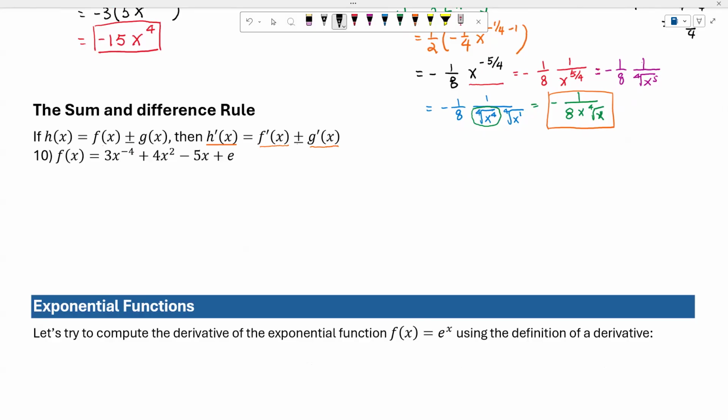Now let's see the following example. I will have f prime of x. It means that I would like to take the derivative of 3x to the negative 4, plus the derivative of 4x squared, minus the derivative of 5x, and add the derivative of e.